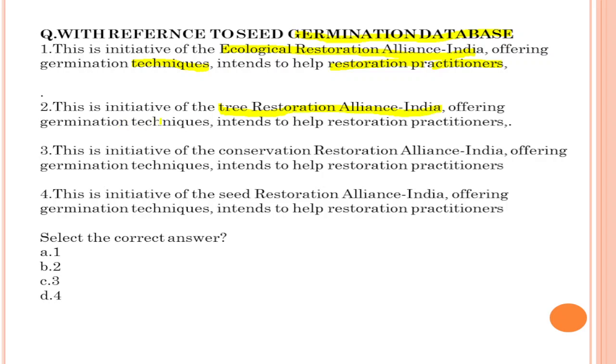Third, this is an initiative of the Conservation Restoration Alliance India. Or fourth, this is an initiative of the Seed Restoration Alliance India, offering germination techniques intended to help restoration practitioners.